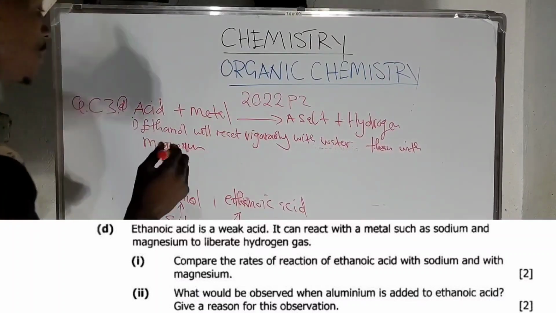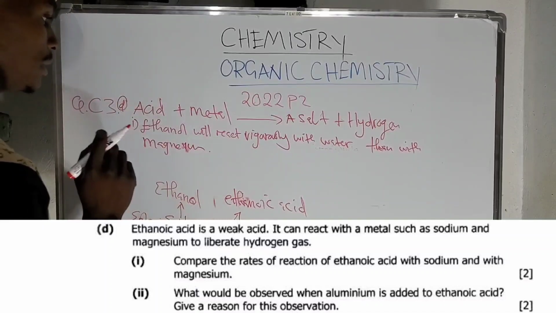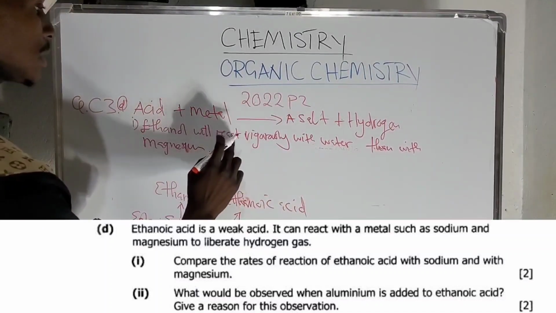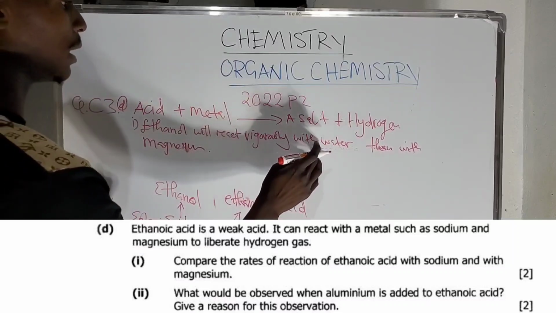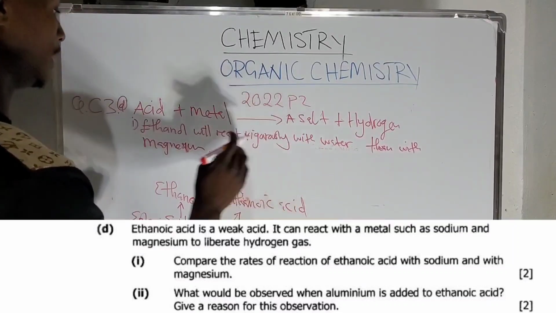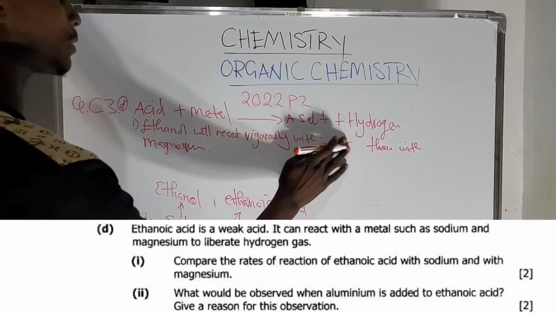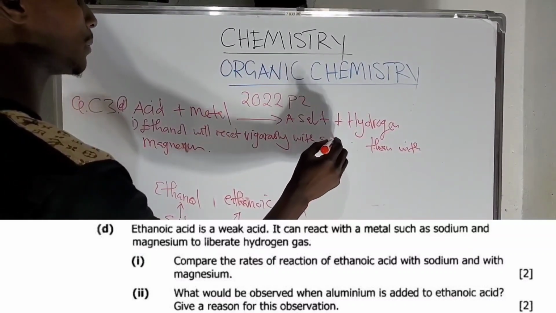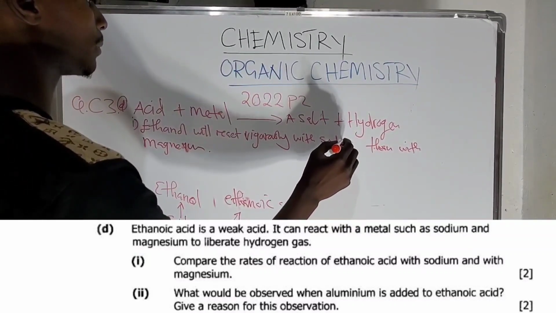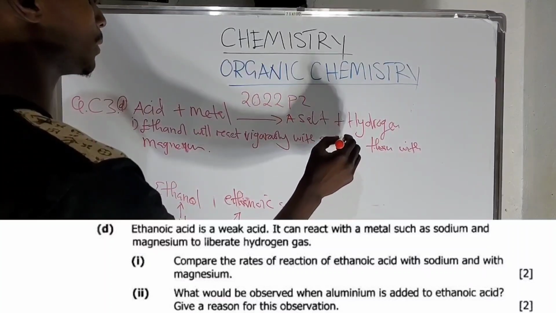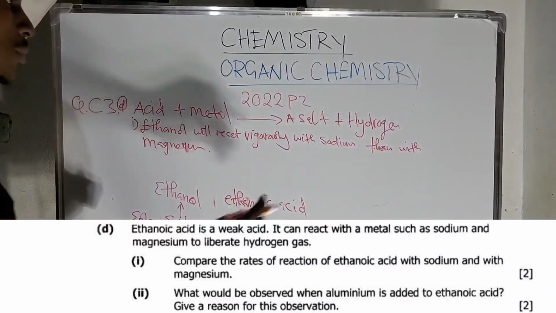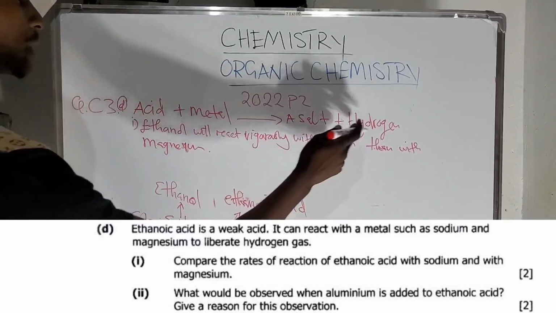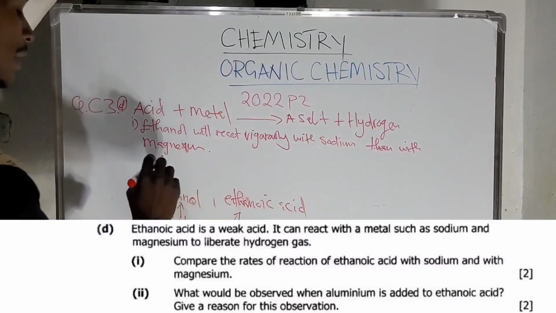The reason is like this. Ethanol will react vigorously with sodium, producing hydrogen gas and the salt, than with magnesium.